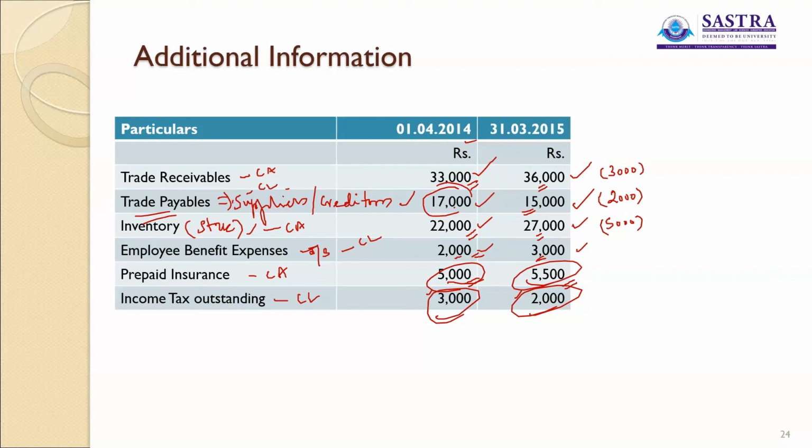So this will increase your cash position. This should be taken as a plus item. The more credit you get, the more your cash position increases. Whereas here income tax outstanding is declining, from 3,000 to 2,000. That means you have paid. That means your cash position will be less.